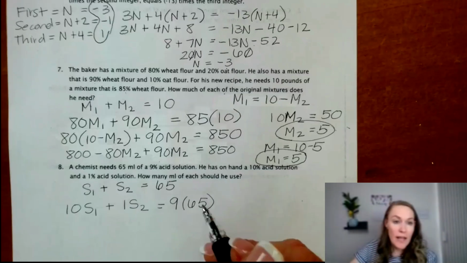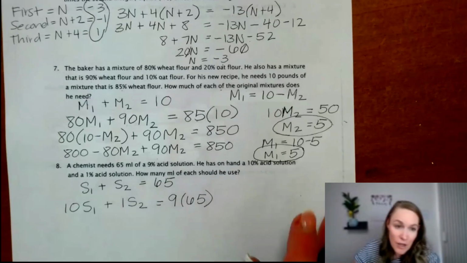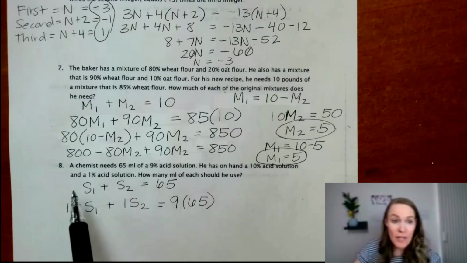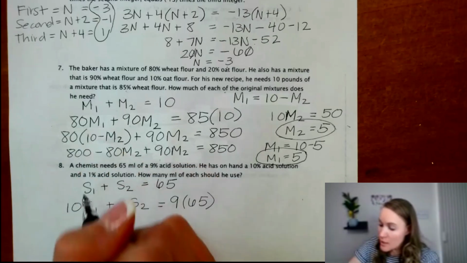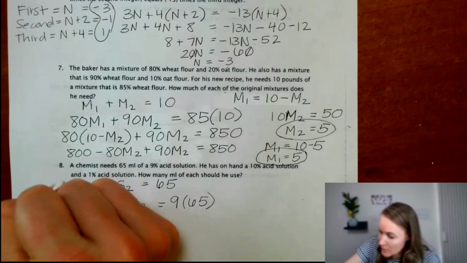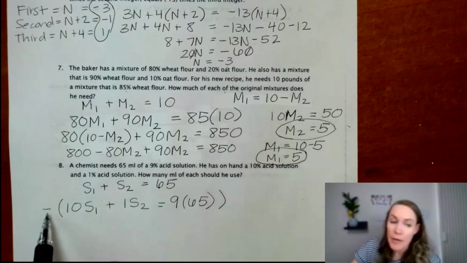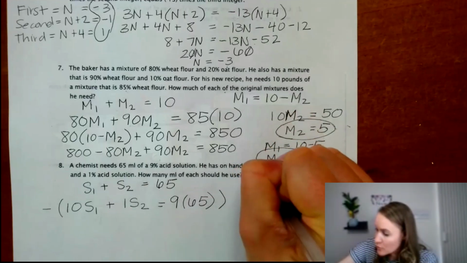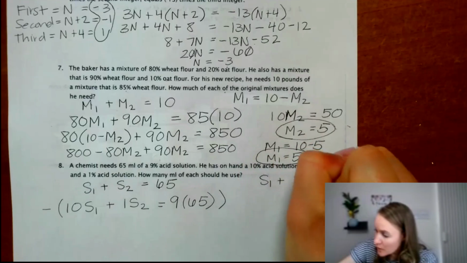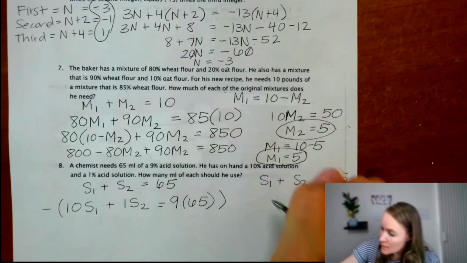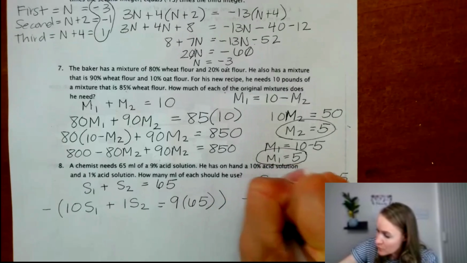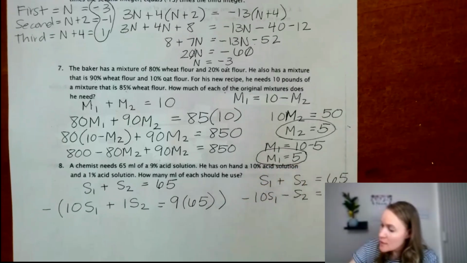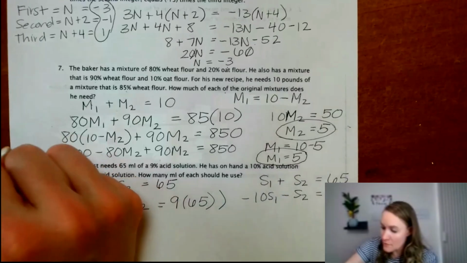So I have a 1 here and a 1 here, so they could cancel. I'm going to multiply by a negative 1 each of these terms so I can get one of those to cancel. So solution 1 plus solution 2 equals 65. So I have negative 10 of solution 1 minus solution 2 equals 9 times 65.